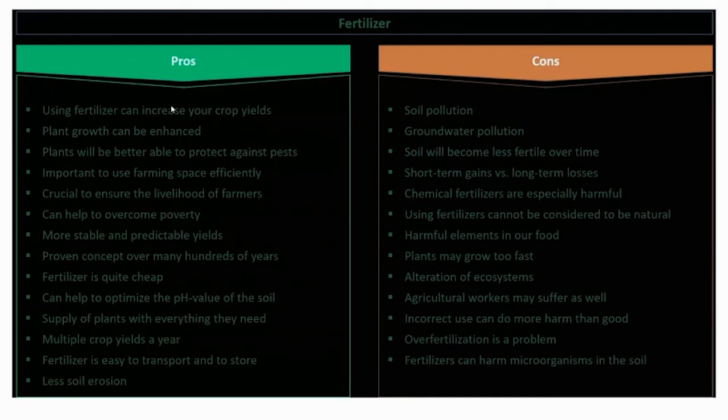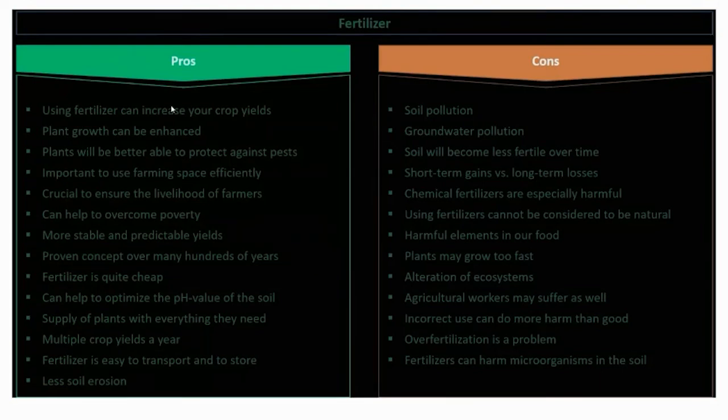And we go to the cons or disadvantages of fertilizer. They cause soil pollution, groundwater pollution, soil will become less fertile over time, short-term gain versus long-term losses.